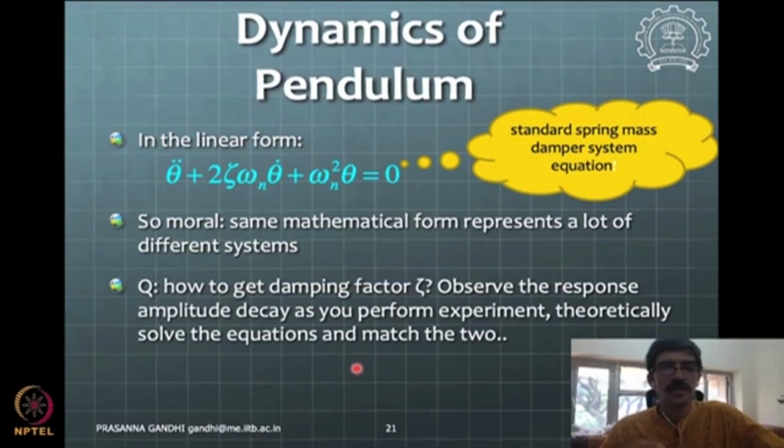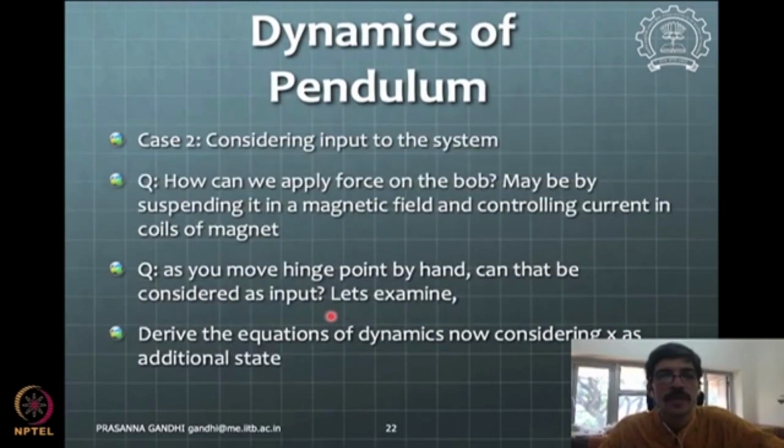Or a number-of-oscillations based counting of change of amplitude. That kind of a thing will give you, by logarithmic decrement, this damping factor zeta. So these kinds of things can be carried out by studying the dynamics of the system and carrying out appropriate experiments to get the parameters.